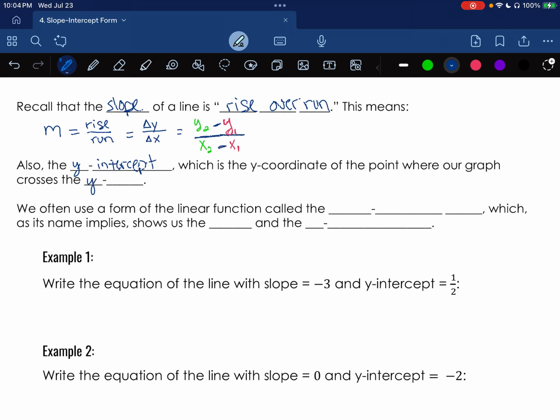All right, we often use a form of a linear function, which we're talking about today, called the slope-intercept form. Which, as its name implies, shows us the slope and the y-intercept.